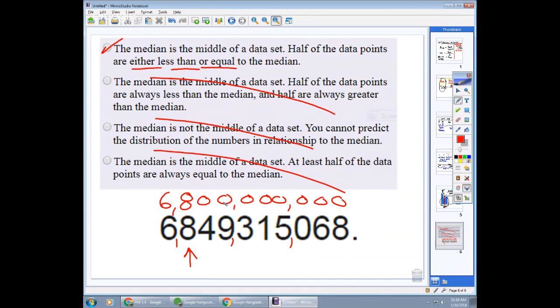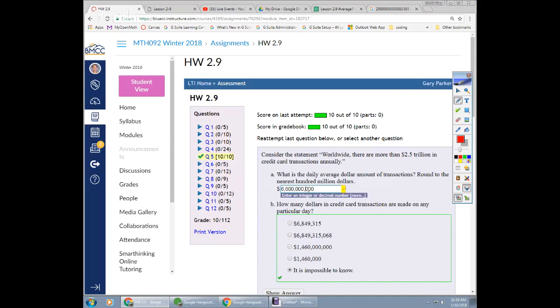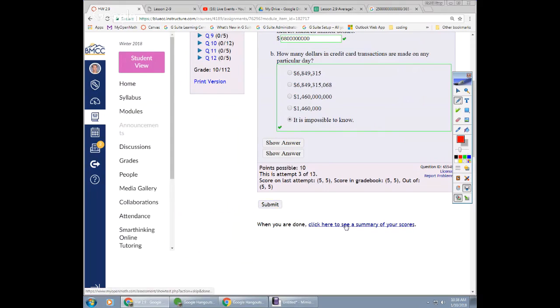I think you could go 6, 800, comma, 000, comma, 000. Yeah, it should take it with or without the commas. I think all numerical answers are probably like that. So put the commas in, and if it doesn't like it, try it out.